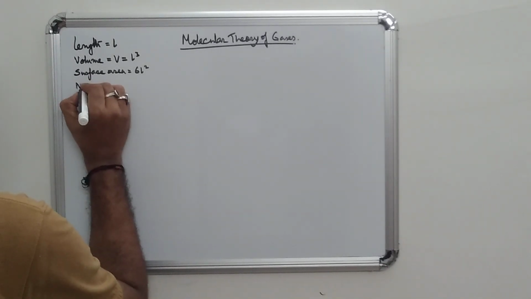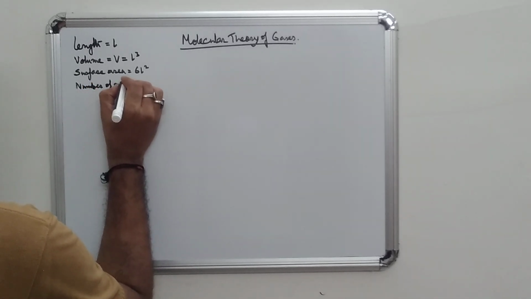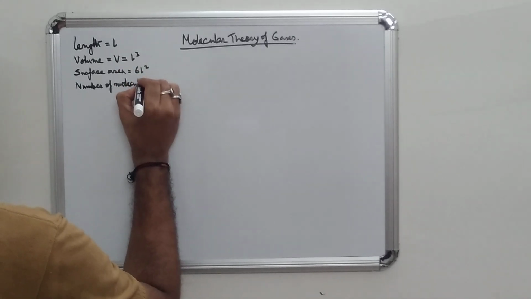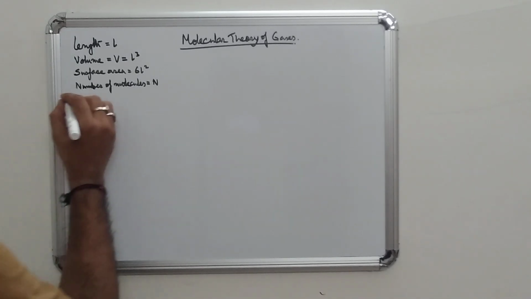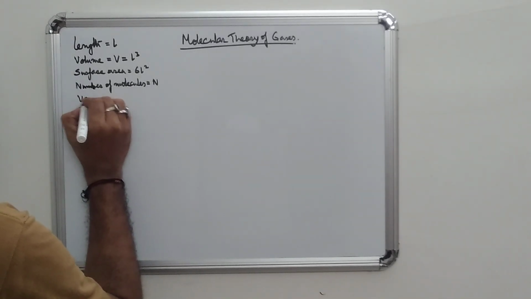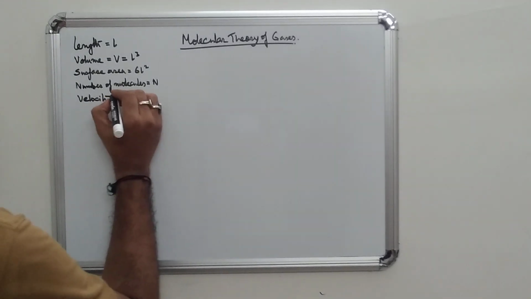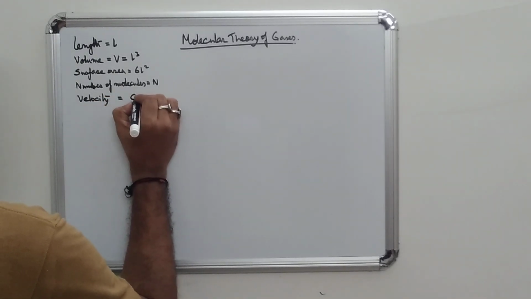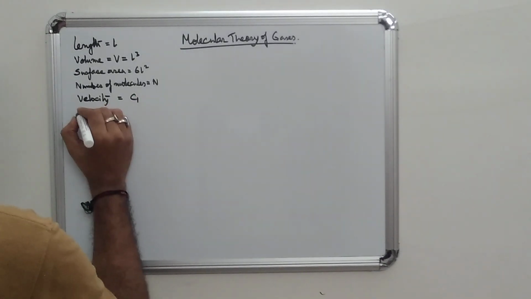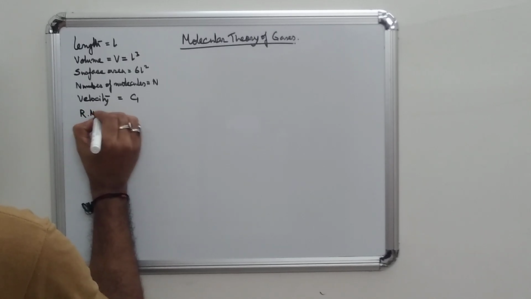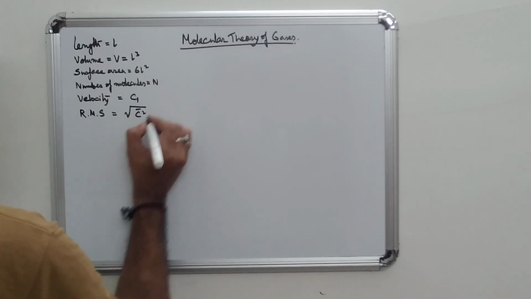The number of molecules within the container will be N, capital N. The velocity of a gas molecule at a certain time will be C1, we will assume, and the root mean square velocity will be C bar square.